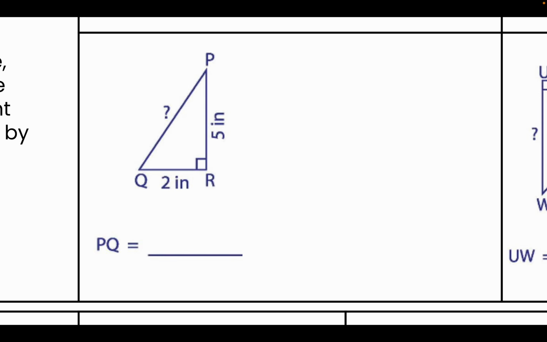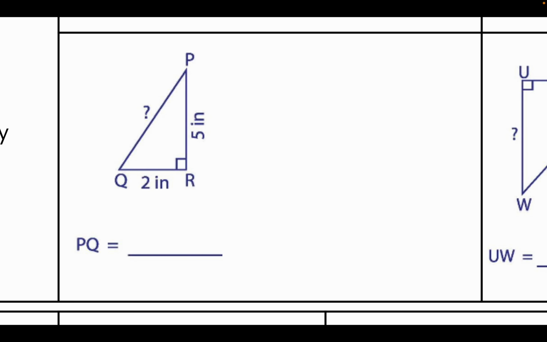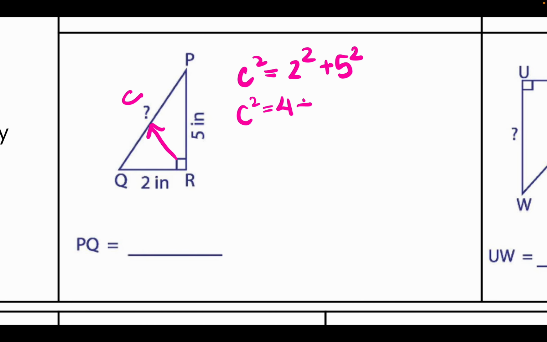Okay, our next picture, we're trying to find PQ. So across from our right angle is our c. So c squared equals 2 squared plus 5 squared. c squared equals 4 plus 25. c squared equals 29. To undo our squared, we're going to do a square root.